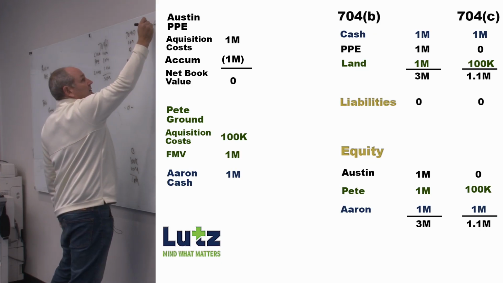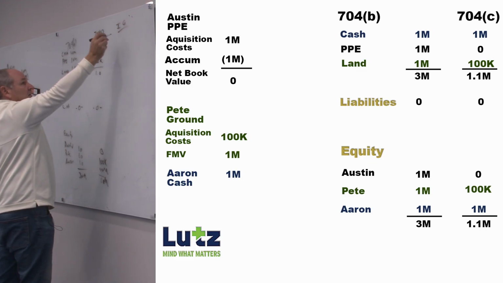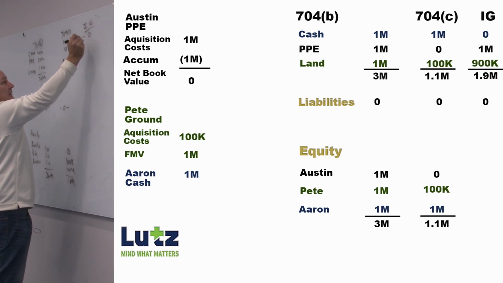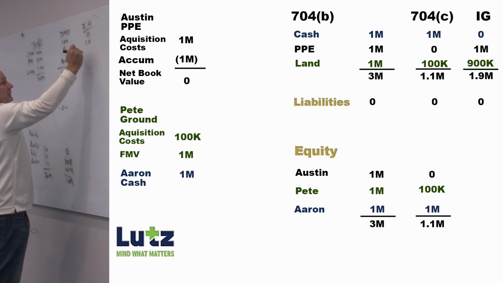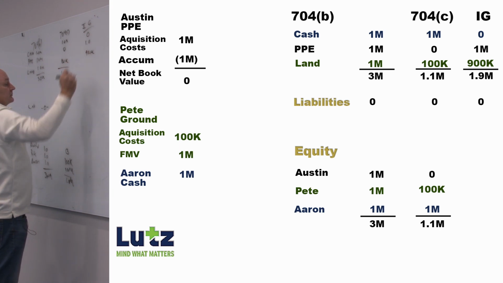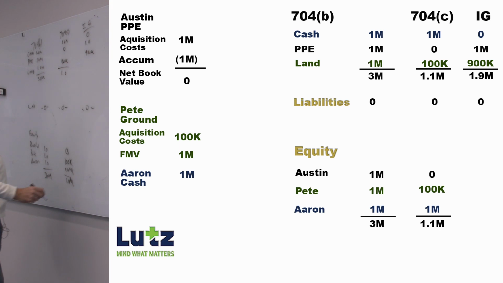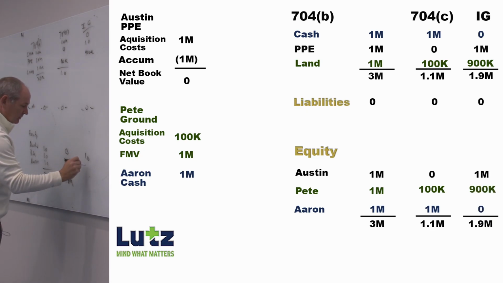And our inherent gain is what? 900,000. Okay, there's no inherent gain. So Austin's inherent gain is 1 million. Pete's is 900,000. And Aaron's is 0.